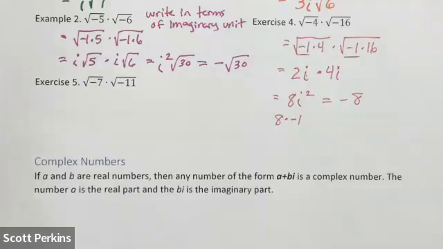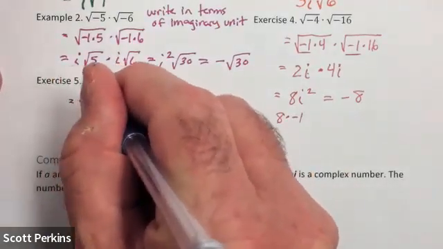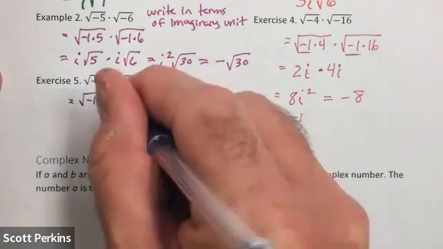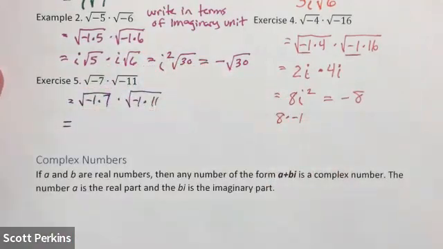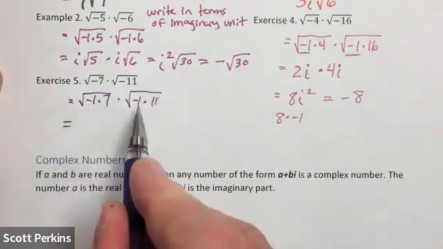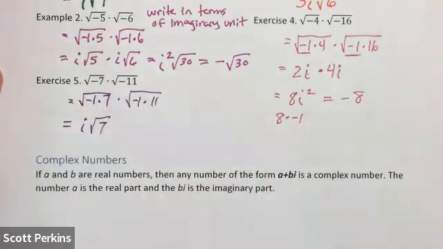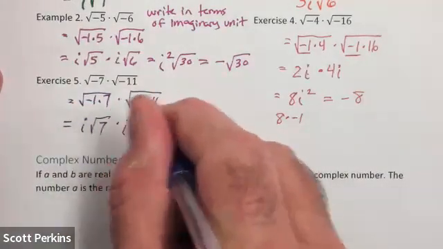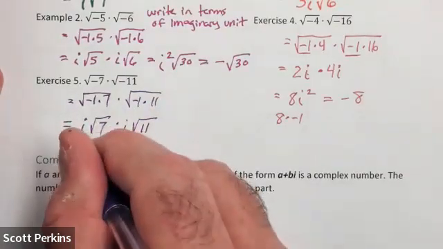Okay, so just like the previous problem, the square root of negative 7 is negative 1 times 7. The square root of negative 11 is negative 1 times 11. Now I'm going to first write these in terms of the imaginary unit. Everywhere you see the square root of negative 1, that becomes i. So that's i times the square root of 7, and this one is i times the square root of 11. i times i is i squared.